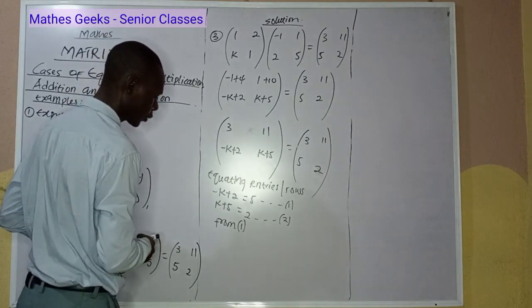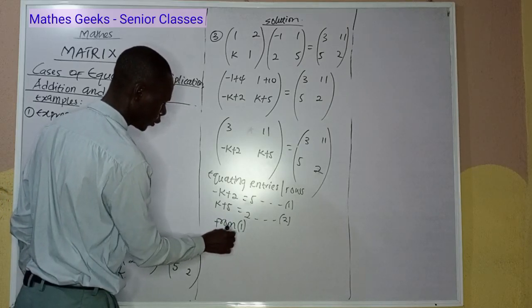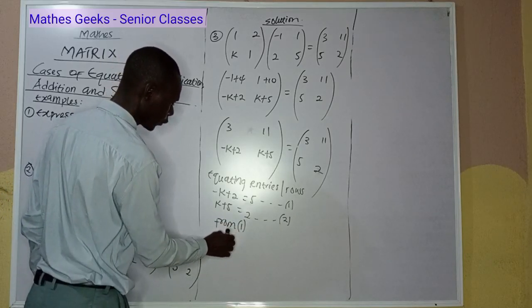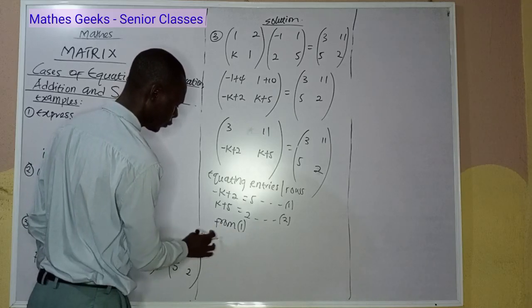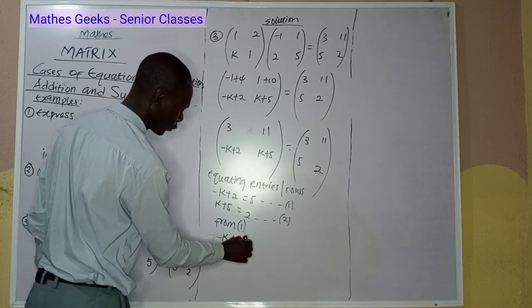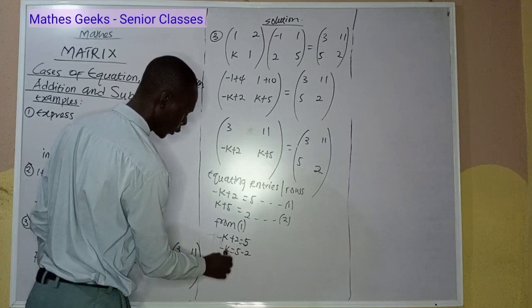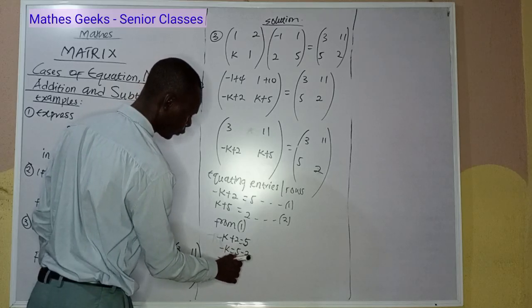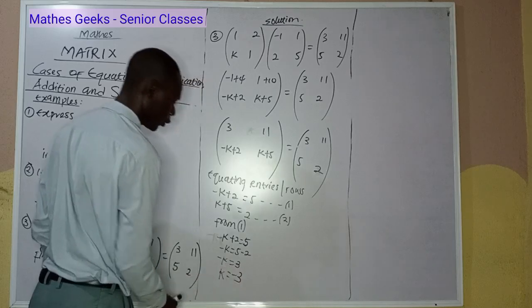So from 1, minus k plus 2 is equal to 5, then minus k is equal to 5 minus 2, minus k is equal to 3, and k is equal to minus 3.